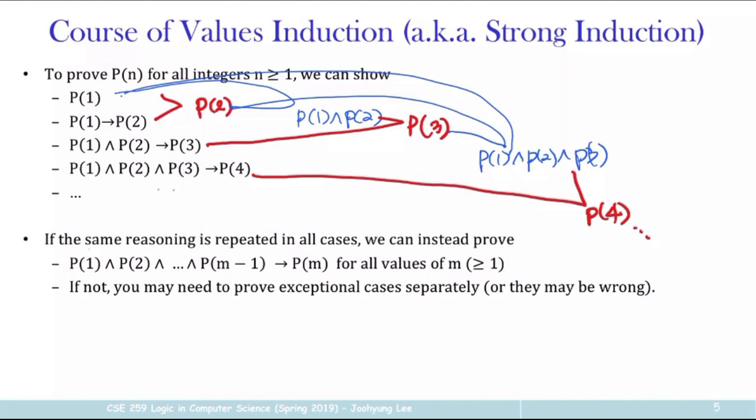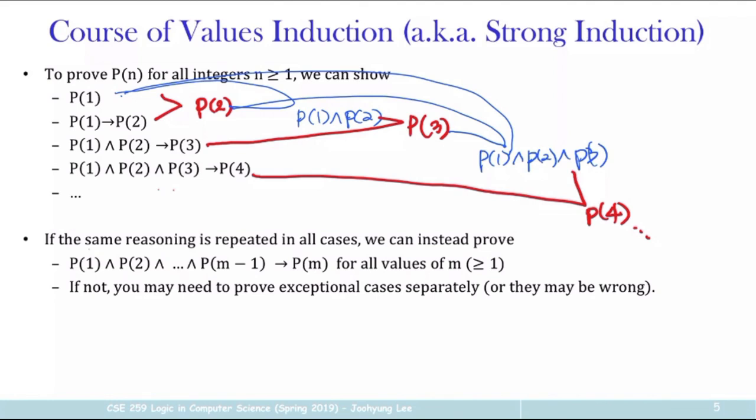Another thing is you have to check whether the same reasoning applies to all these inductive cases. Now, mathematical induction, also you have to check it, but for the causal values induction, this is more serious. Okay, so you will see many times that some of the initial segment of the proof is not using the same reasoning.